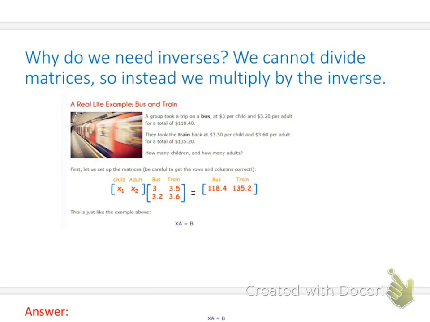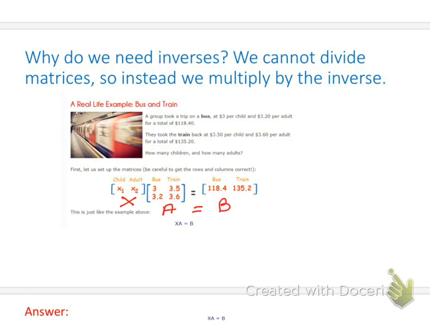So this is what we're going to do. Here is your matrix A. So actually, this is your matrix X, this is A, and this is your cost. We'll call this your B. Look what's happening.